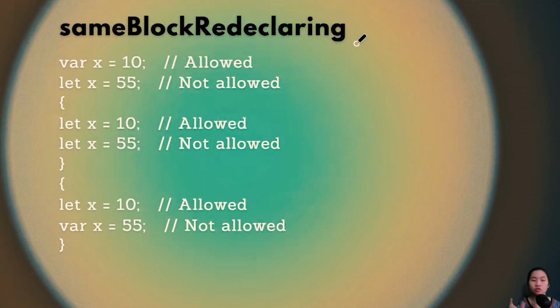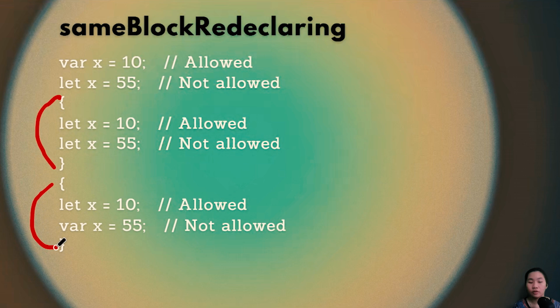Moving on to same block redeclaring. Now this may look a little bit confusing because of the syntax and the way it is coded, but let me just highlight this a little bit. So we have two block scopes lined next to each other, two sections. Var x equals to 10.